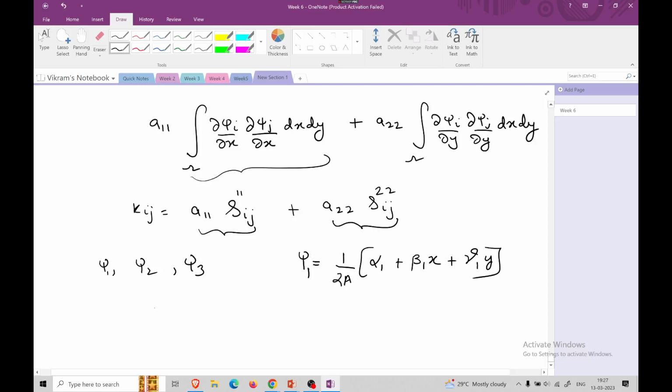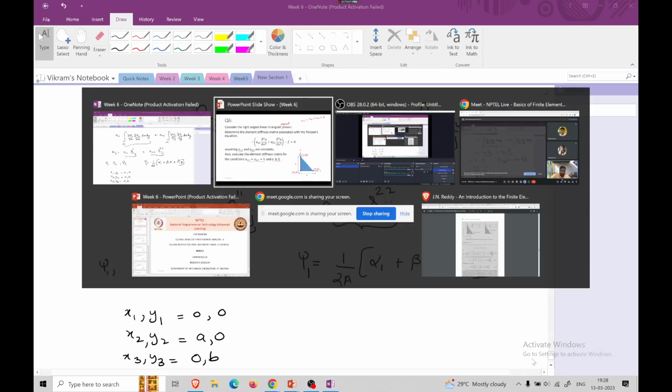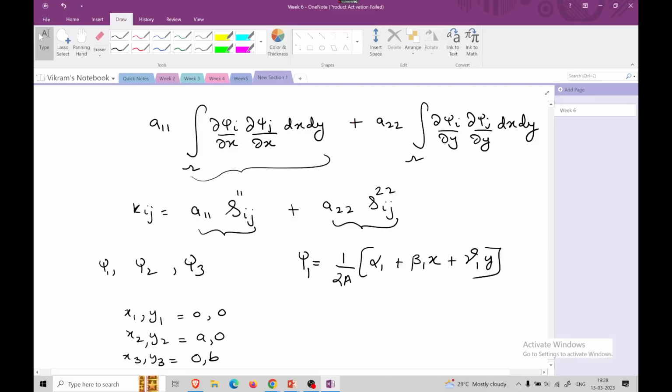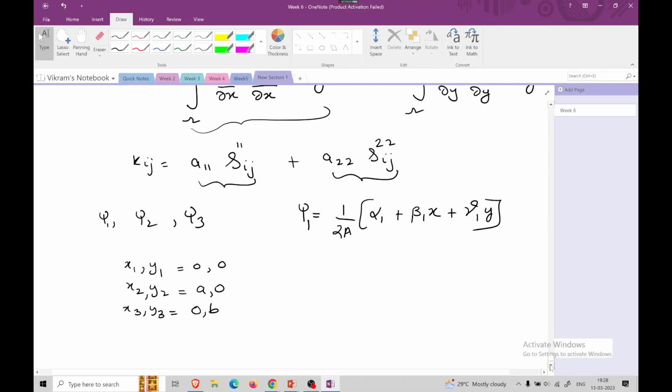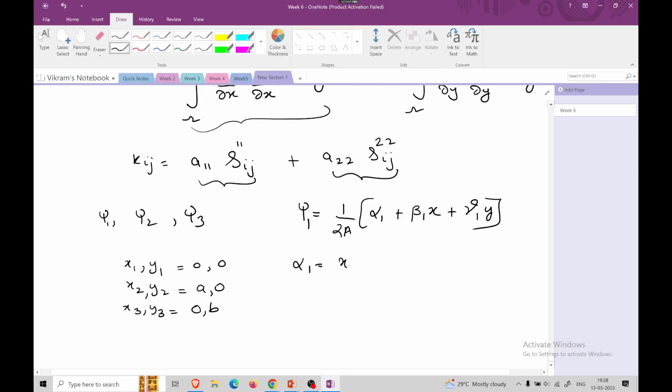Here I am simply going to substitute. x1 y1 is 0 0, x2 y2 is a 0, x3 y3 is 0 b. This comes directly from the figure. α1 is x2 y3 minus x3 y2, which is a into b minus 0 into 0. α1 is equal to ab.